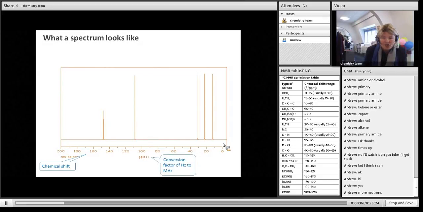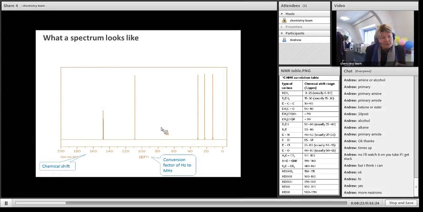They have to use that tetramethylsilane. Right, so that's the first thing, the chemical shift. Upfield, closer to 0, downfield, closer to 200. And then, as I said, there's a conversion factor just to explain that ppm.